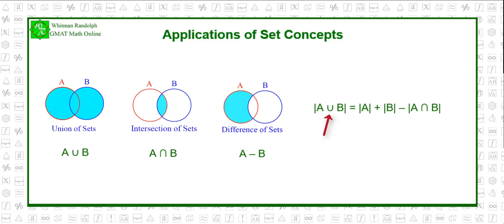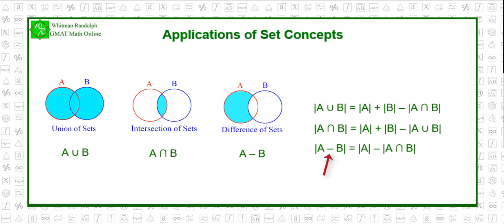The cardinality of A union B equals the cardinality of A plus the cardinality of B minus the cardinality of A intersect B. The cardinality of A intersect B equals the cardinality of A plus the cardinality of B minus the cardinality of A union B. The cardinality of A minus B equals the cardinality of A minus the cardinality of A intersect B.